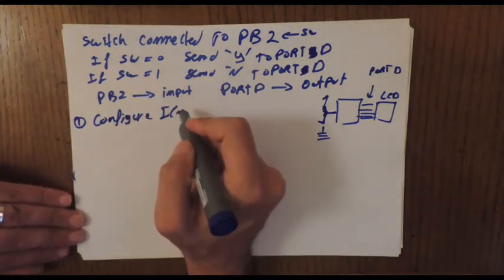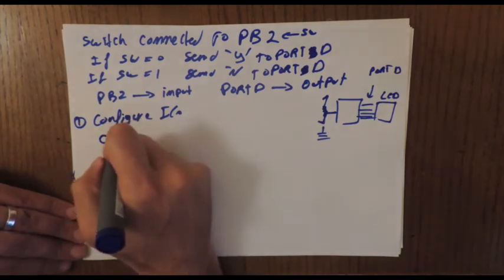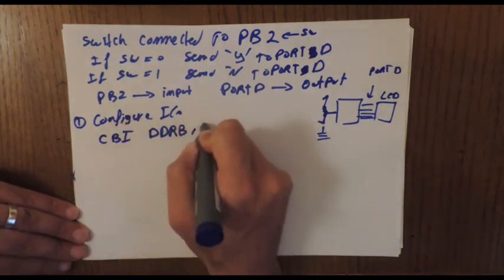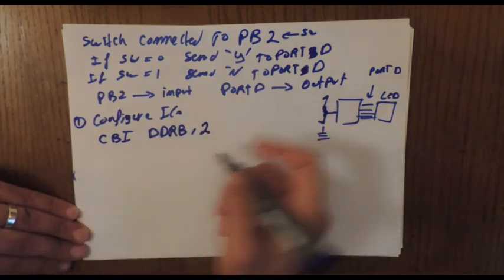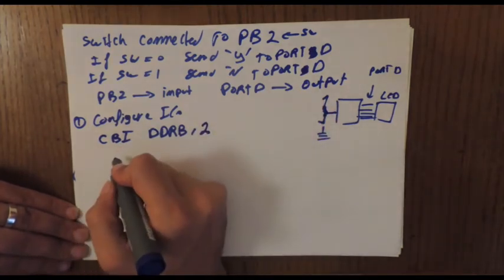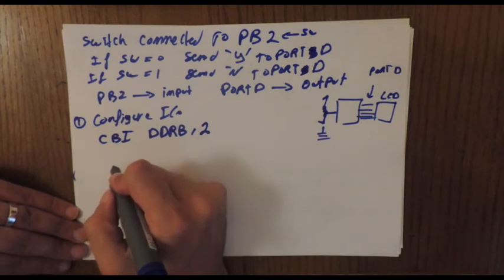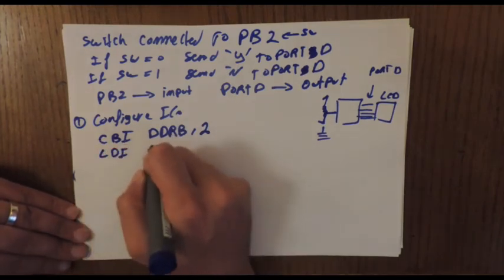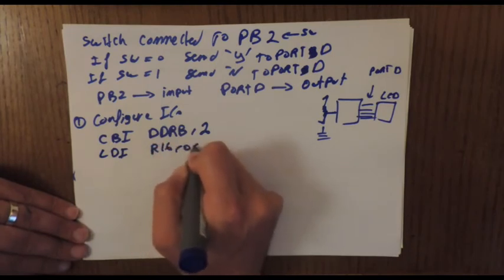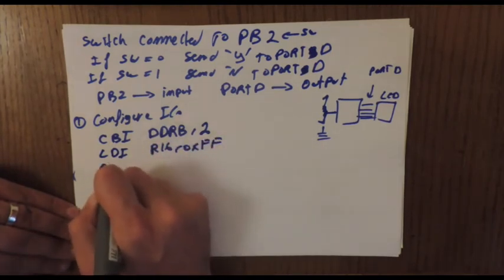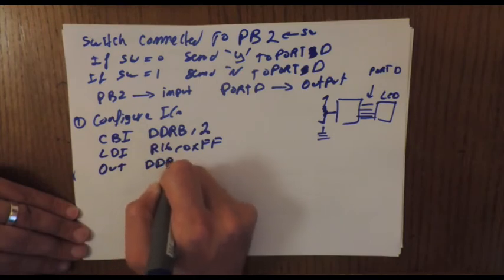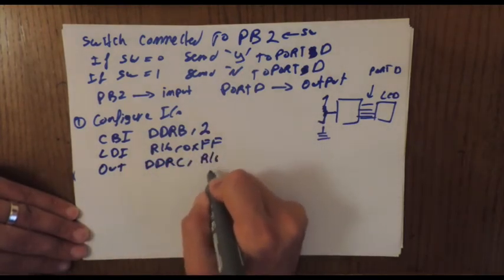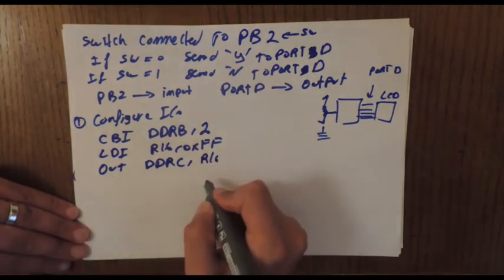Here PB2 is input, so in this case I'm gonna clear DDRB, comma 2. This will be output, so I cannot use CBI and SBI because the whole port is output. So I'm gonna use LDI R16, 0xFF and OUT DDRD, R16. So here all the port is set as an output.